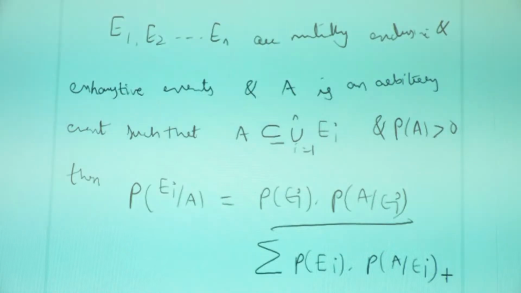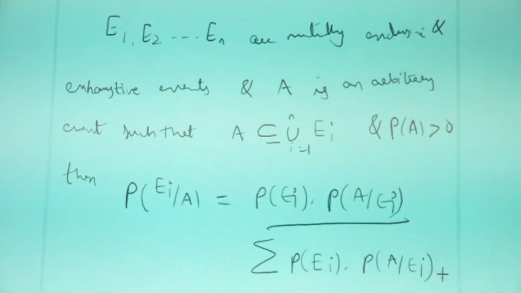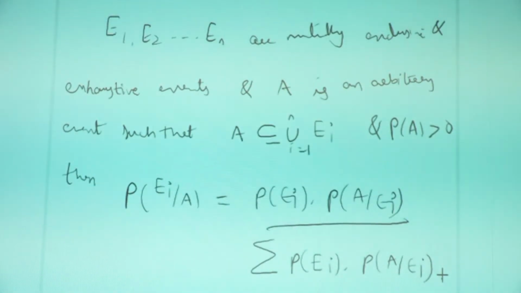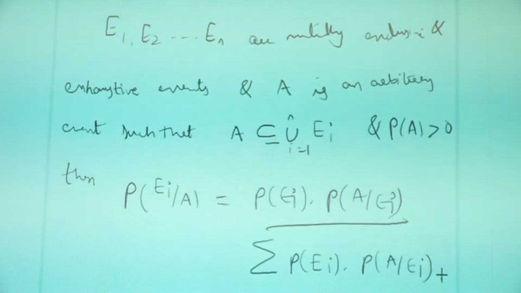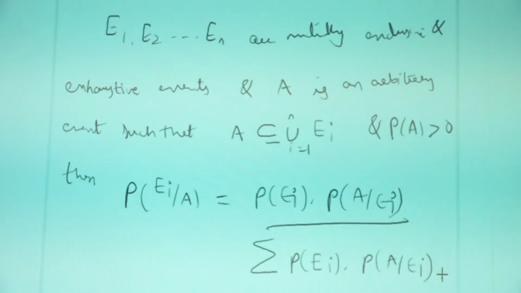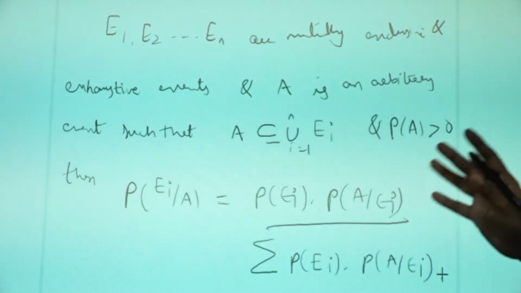Now see that here we wrote union of all EIs. It doesn't actually mean union. A is some event which is in common with all these, which cannot happen independently. It is common with E1, E2, E3, so on up to En. We wrote that they are all mutually exclusive and exhaustive events of the sample space.